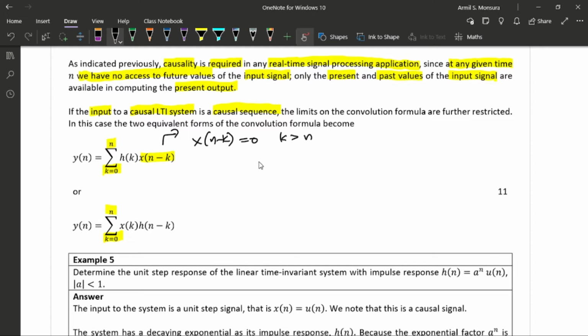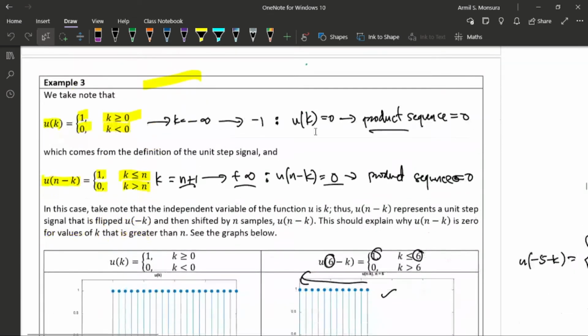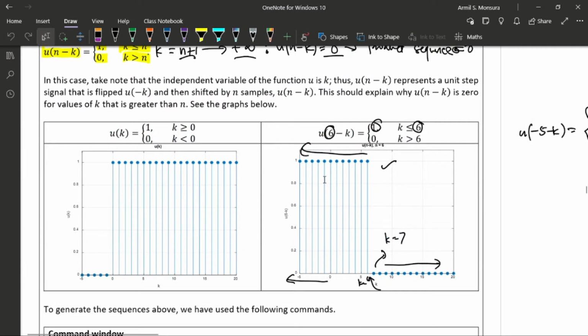If you're having difficulty understanding this, recall na I had an illustration about this on lesson 3.1. This one. If you can remember, this is under example 3 ng lesson 3.1. So this illustrates u[n minus k], wherein your u[n] or u[k] is time folded first and then shifted by a certain number of samples.